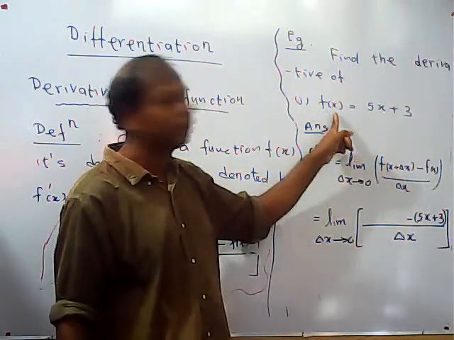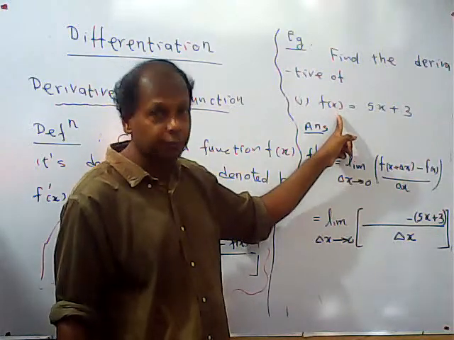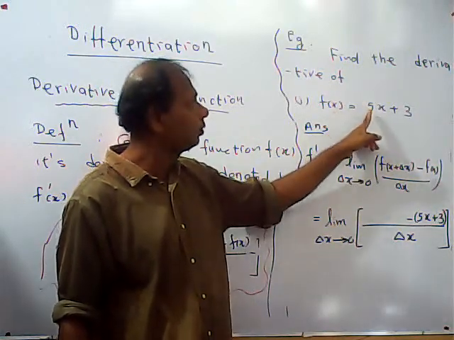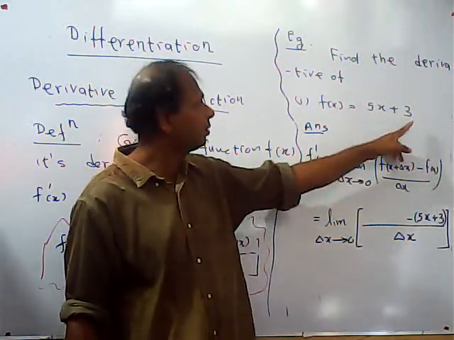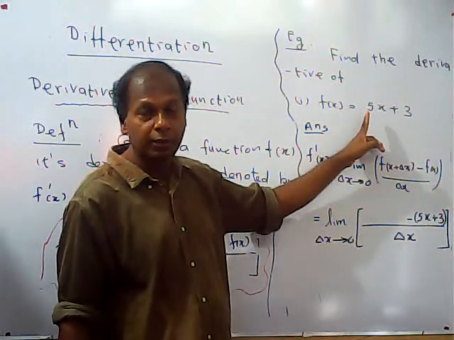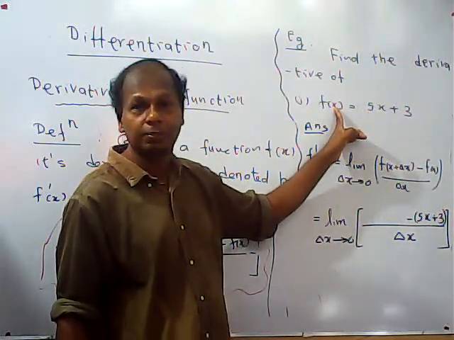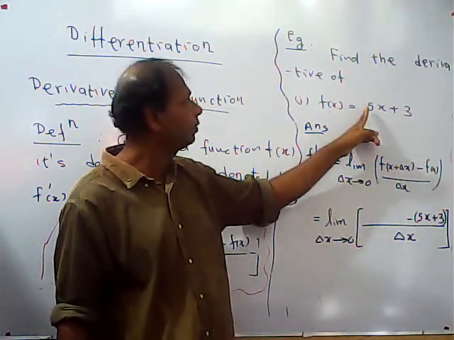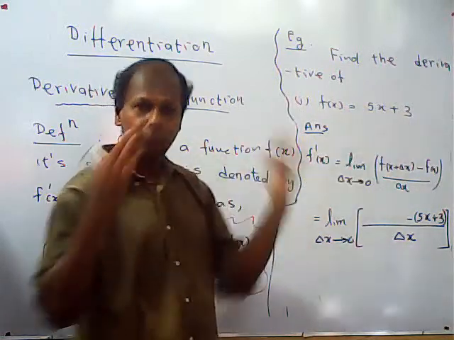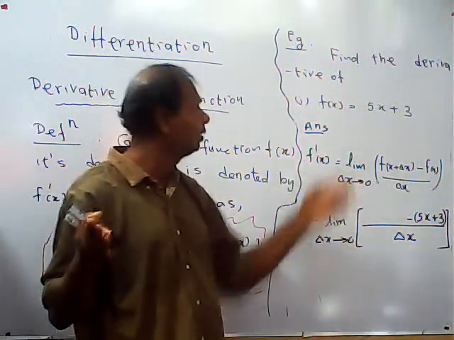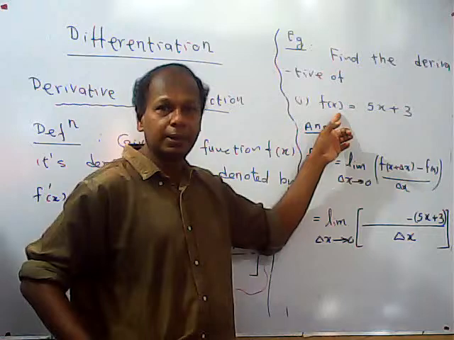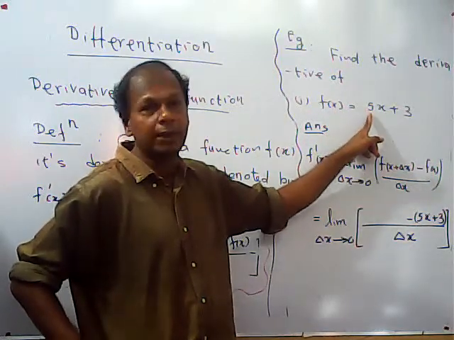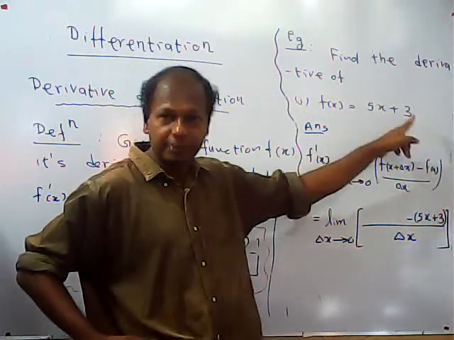If you want to find f(1), it will be equal to 5 into 1 plus 3. You replace x by 1. If you want to find f(3), you replace x by 3, and f(3) will be 5 into 3 plus 3.